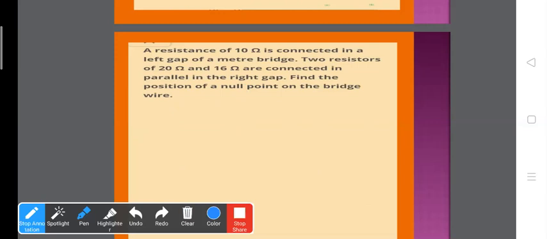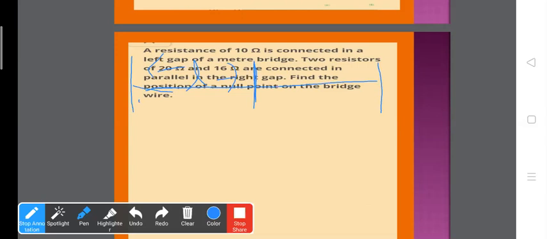For this, let L be the distance. You are already aware of the meter bridge experiment or meter bridge construction. Suppose we consider length L to be the distance of the null point from the left end.